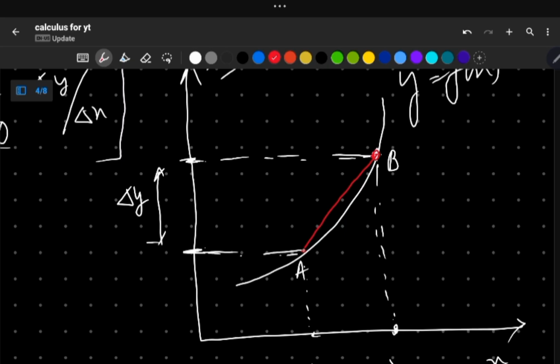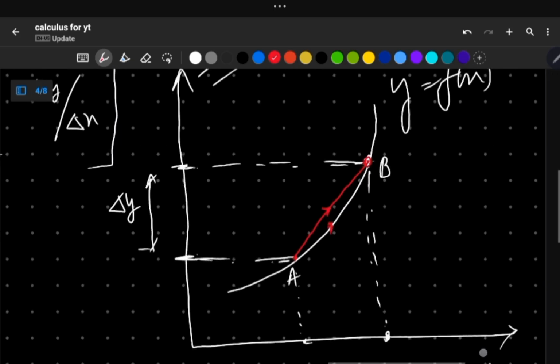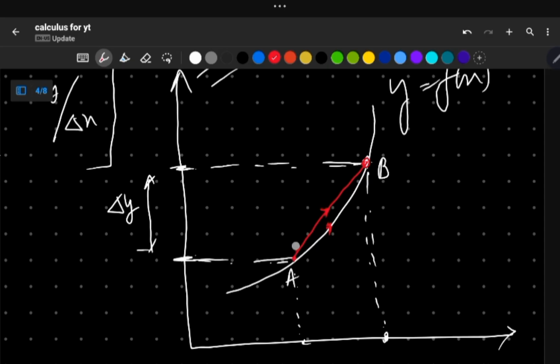This path is the original path and this path is the shortest path, right? If we start from point A and keep moving closer in this direction, after some time we will be at point B. When we reach B, the difference will be 0.